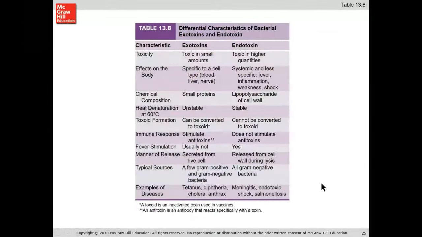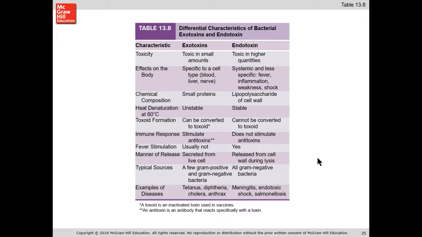Some of these we've already talked about, so I'm skipping through them. All right, remember with the endotoxins, those are produced inside of the cell, and exotoxins are released outside of the cell.